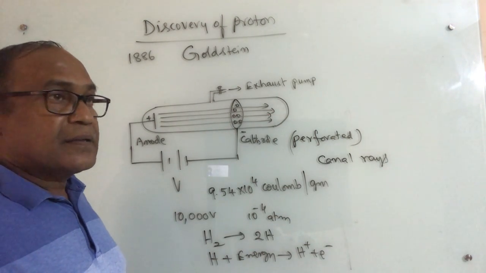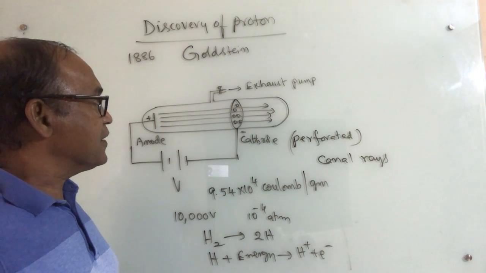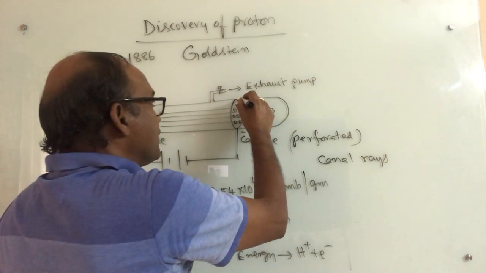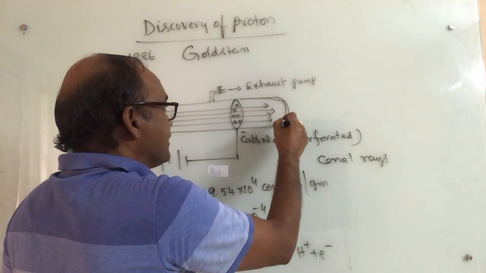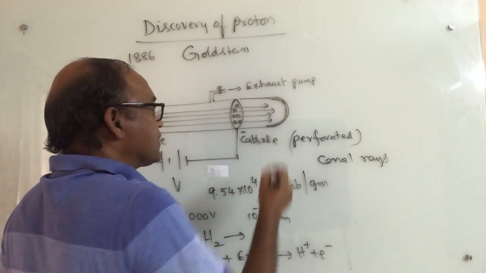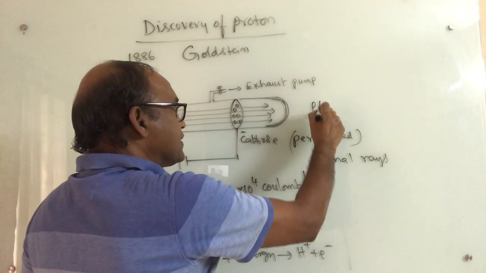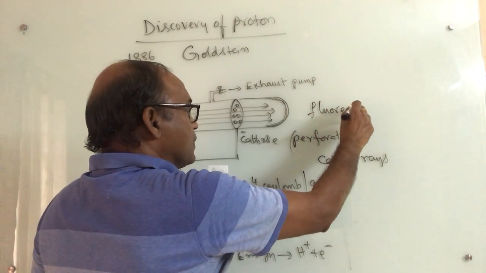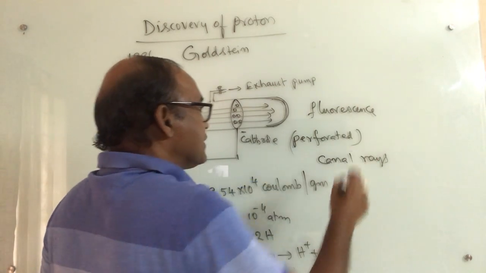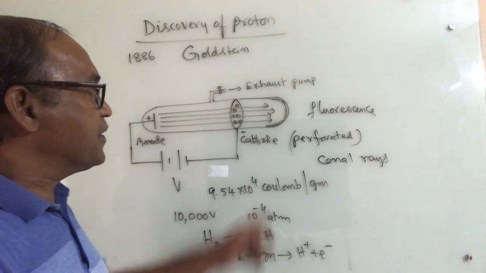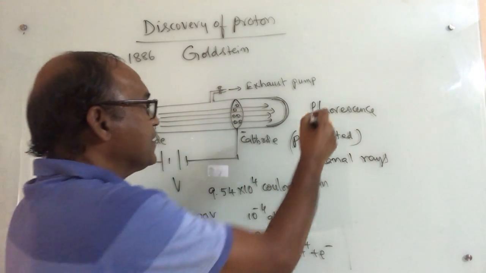They are traveling in a straight path, and if they are allowed to fall on the zinc sulfide screen, the zinc sulfide screen shines. That is the fluorescence. Scintillations are noticed whenever they fall on the zinc sulfide screen.